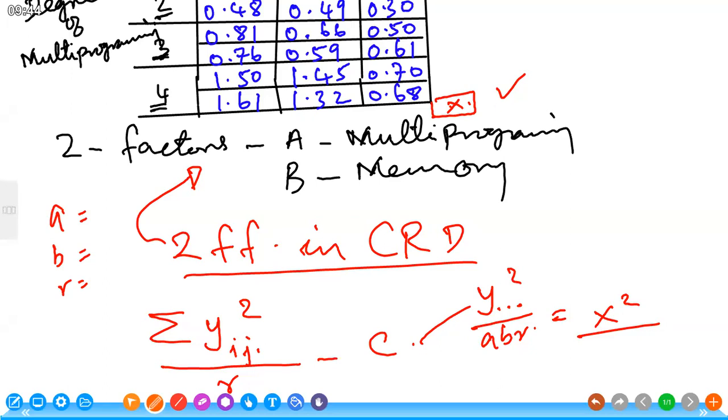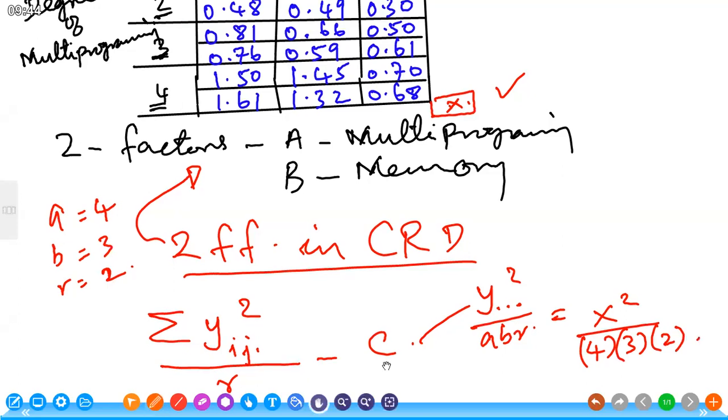A is actually 4, B is 3, R is 2. So here you'll have to divide by 4 into 3 into 2. So that is the correction factor.